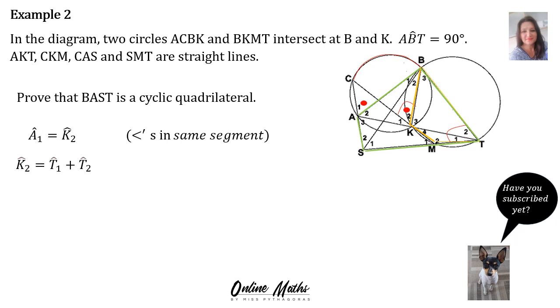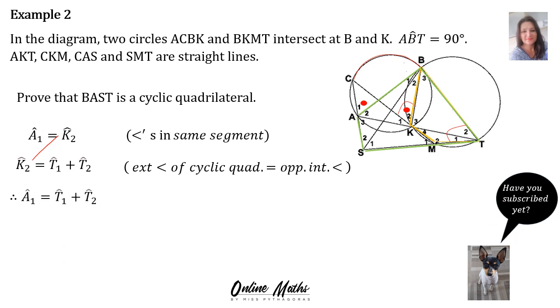And the reason why you can say that is the exterior angle of cyclic quad BKMT is equal to the opposite interior angle. That's the yellow cyclic quad. And then you can see that both are equal to K2.